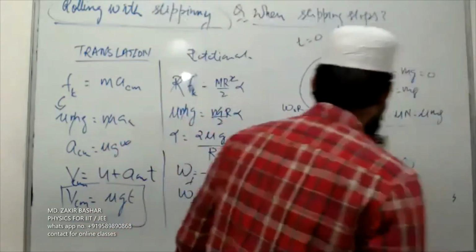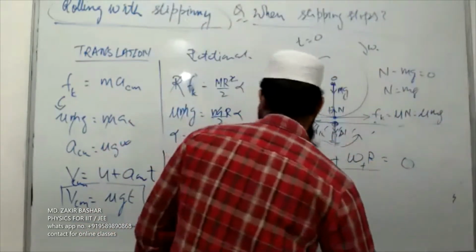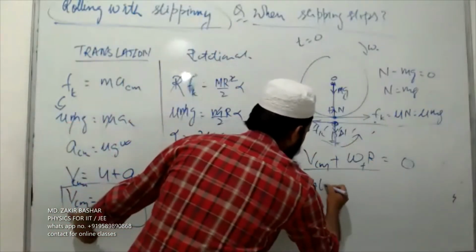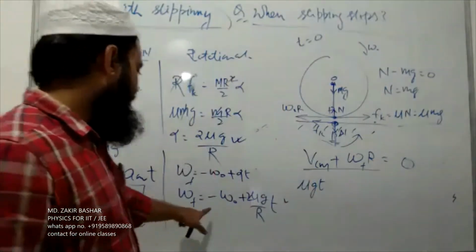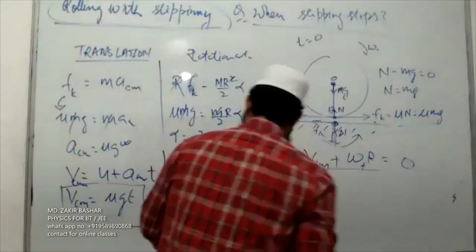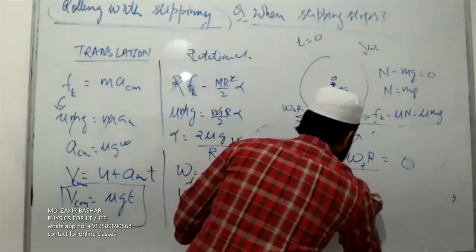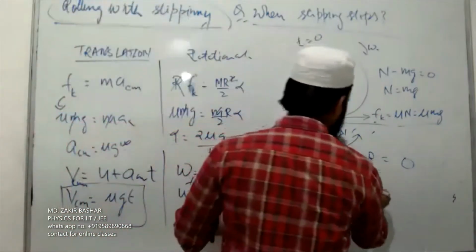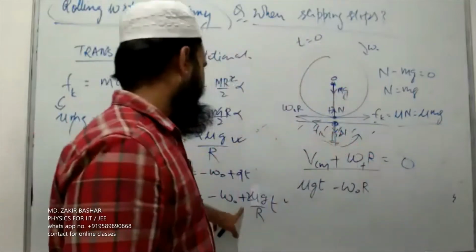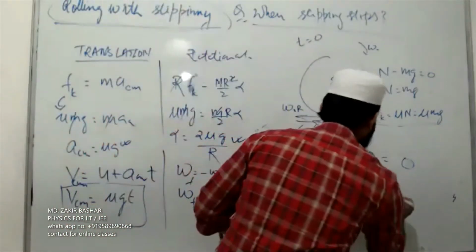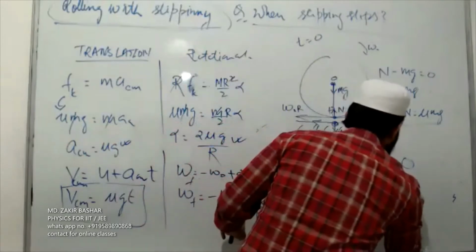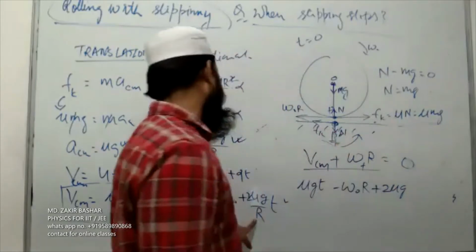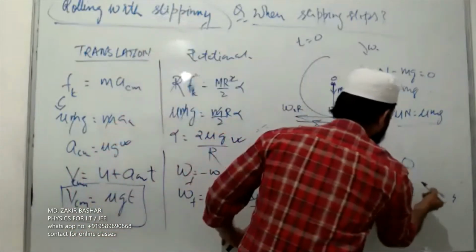Now see, if you put in the values: V_cm is mu into g into t, plus the value minus omega naught into R, plus 2 mu g divided by R into R, where R cancels out, into t.